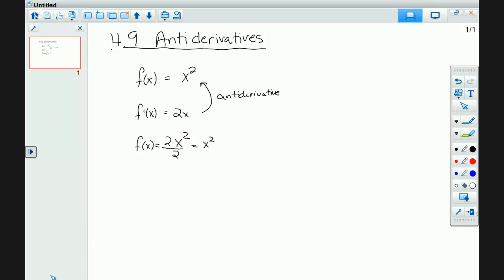So we add 1 and divide by the new exponent. We have to do that because, all right, so there you go.